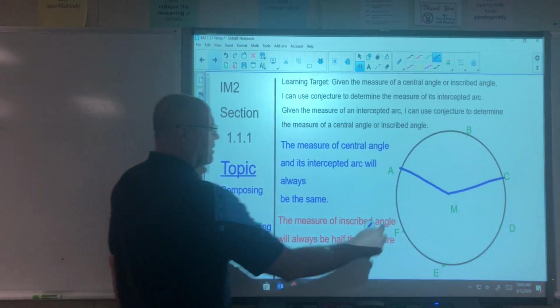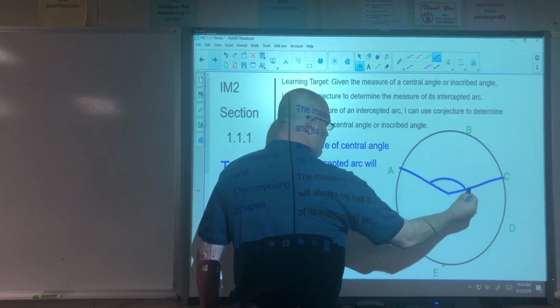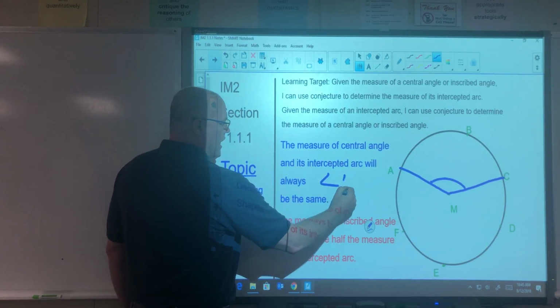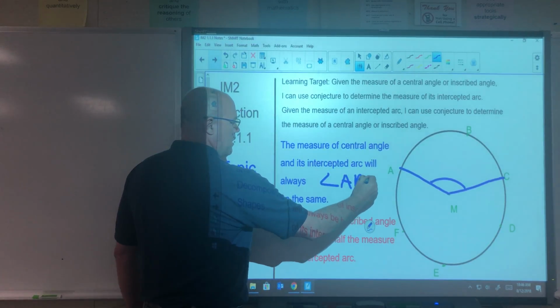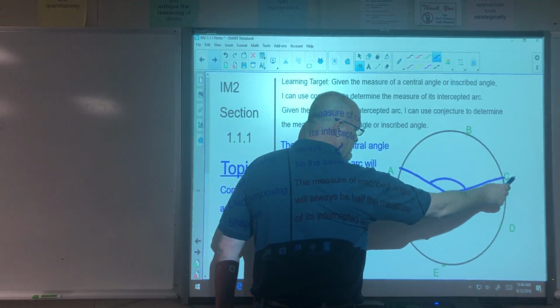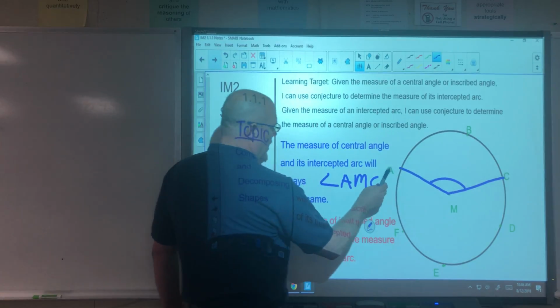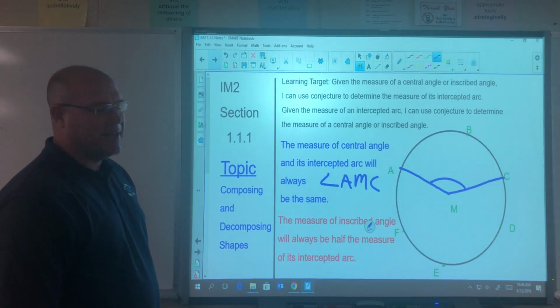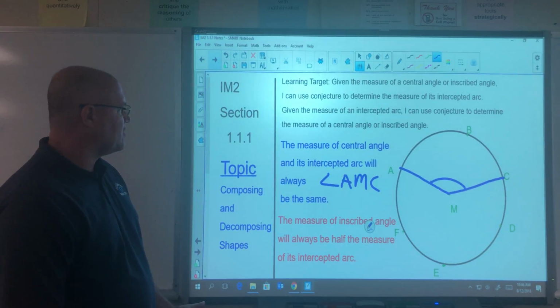That's going to create my central angle, angle AMC. If you want to go the other way, you can say angle CMA. Just remember your vertex letter must always be in the middle, so M is always in the middle. All right, there's our central angle.